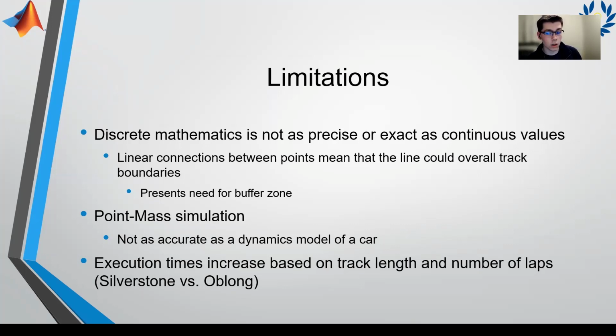So it does take a lot longer to complete. A 3-lap simulation of Silverstone could take between 10 and 20 minutes, whereas oblong, if we do enough optimization iterations, can take about 1 to 2 minutes.